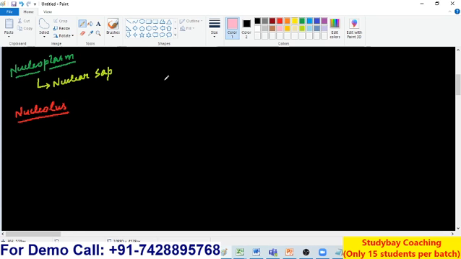In some cells, there may be more than one nucleoli as well. So this nucleolus contains a large amount of RNA. Now what is this RNA? The full form for RNA is ribonucleic acid.